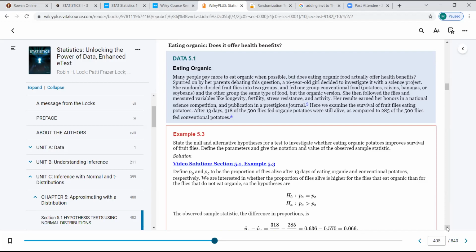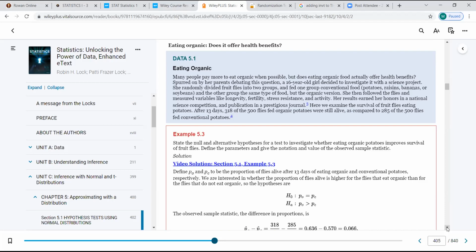Instead of doing all of that, you need to pick out the data that's being given, and then determine what you need to do to actually answer the question, all right? So what I would do is call group 1 the organic group, and write down their sample size, 500 flies. That would be N1, the group 1 sample size.